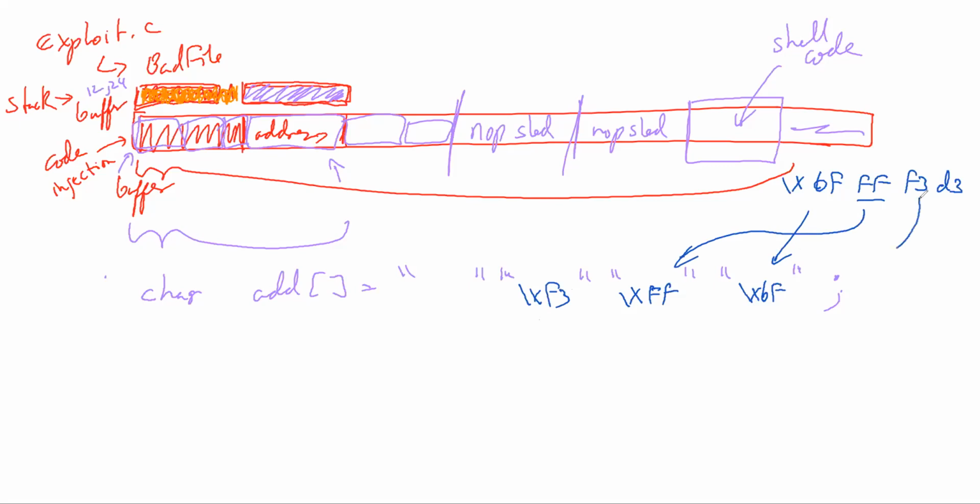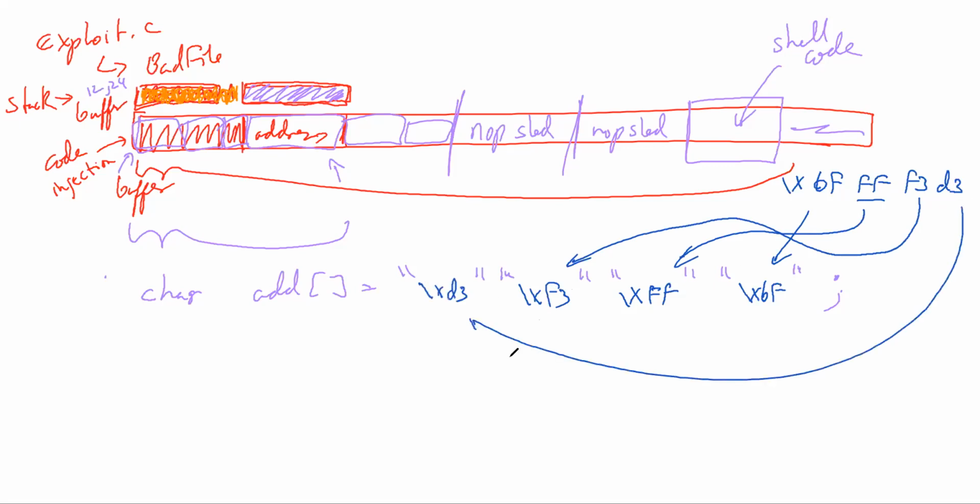And then the last one is this D3. Do you see that, guys? That's all you have to do. So in exploit.c, you will write this line of code basically like that: char add = \xd3, \xf3, \xff, \xbf. Right now, I'm just showing you. I'm not giving you the solution. I'm just showing you the way that you write the code in there.